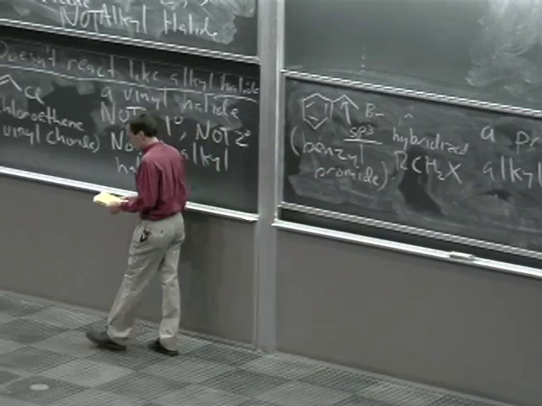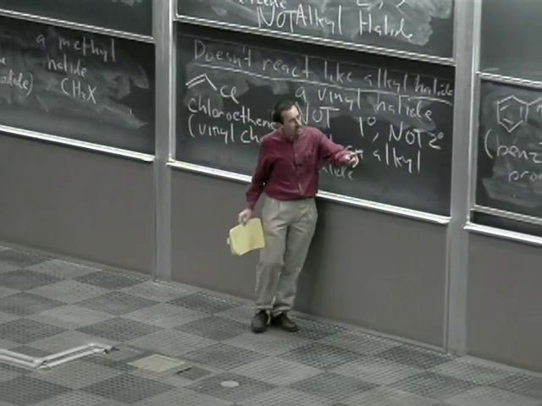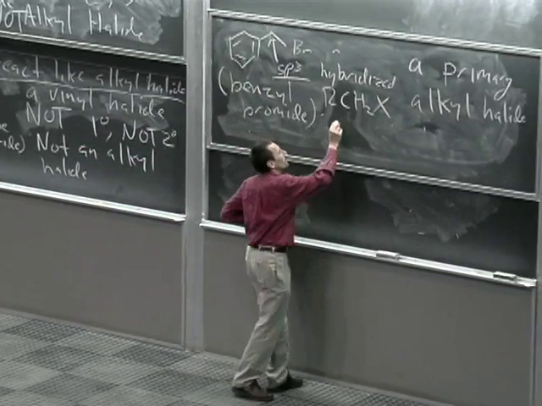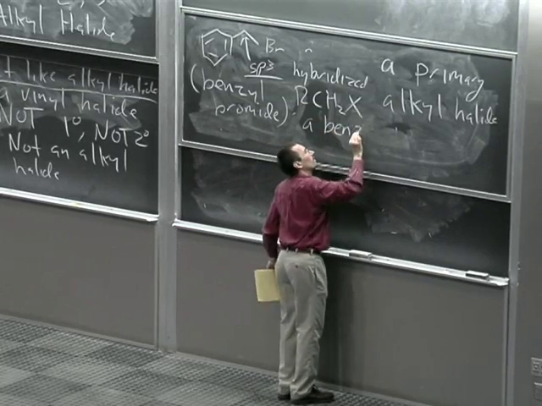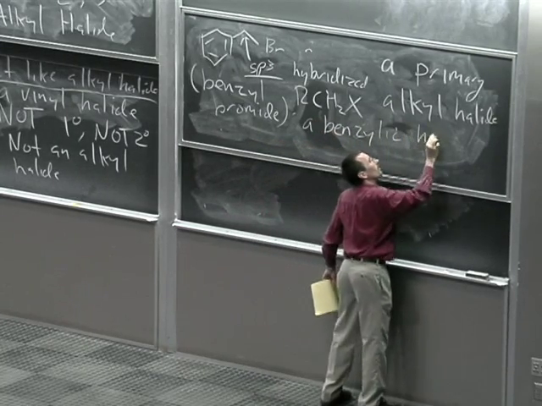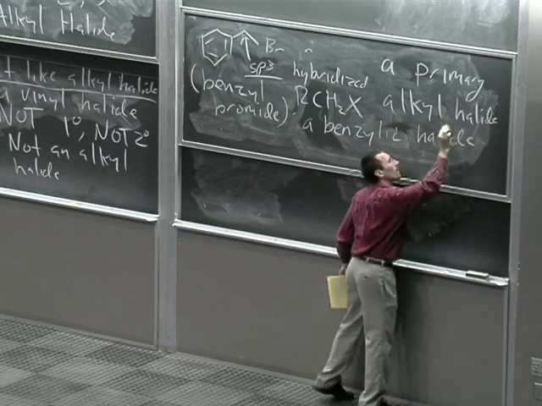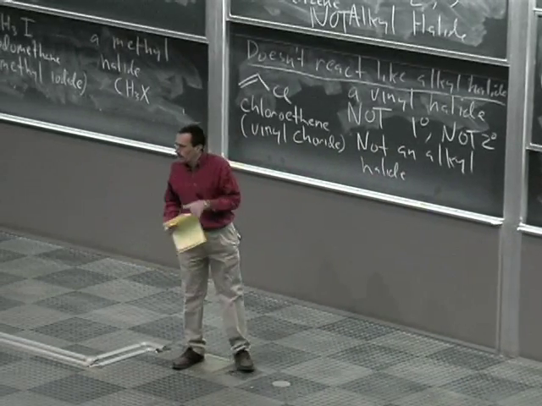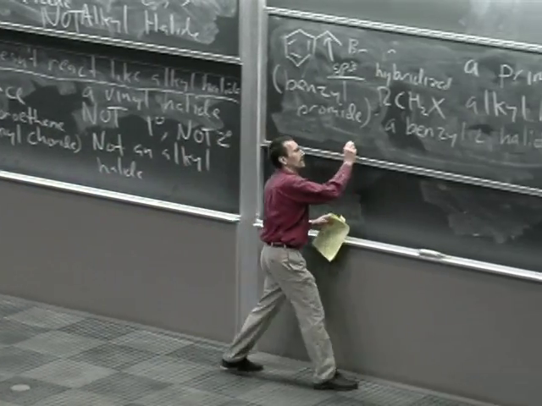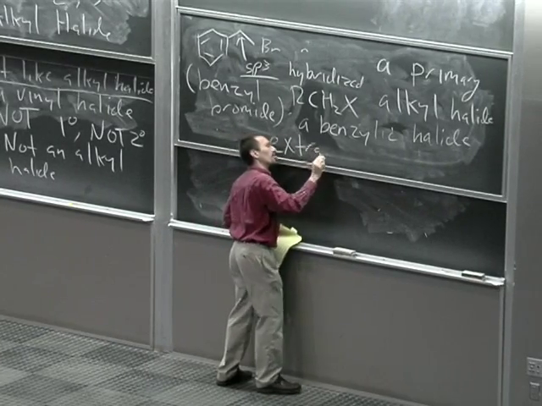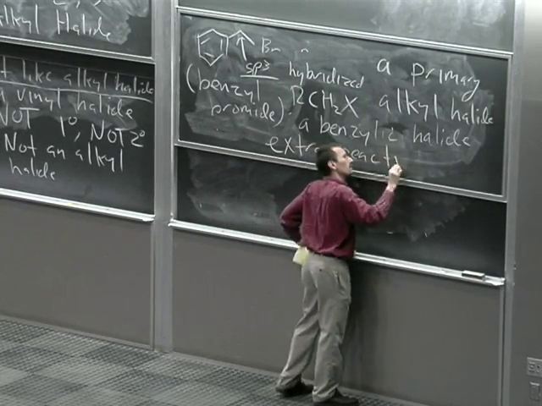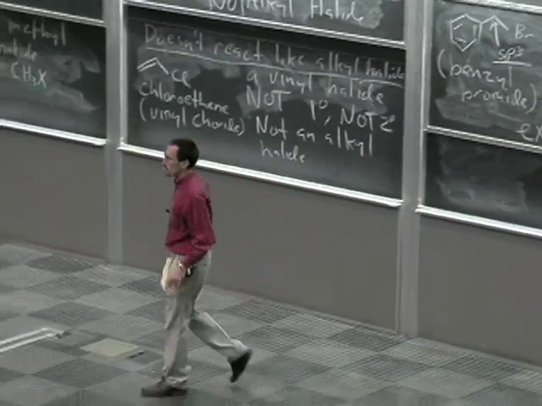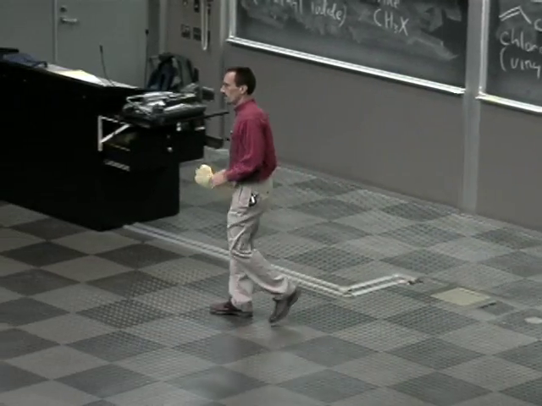And the only thing that's special about it is it's what we would call benzylic. And what that means, for various reasons, is it's actually a little bit extra reactive in SN2, and depending on the substitution pattern, SN1 or even E2 elimination reactions.